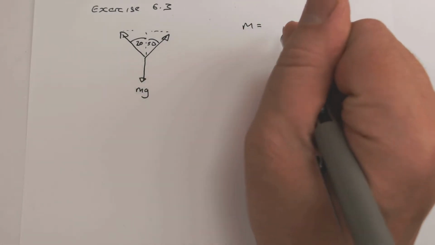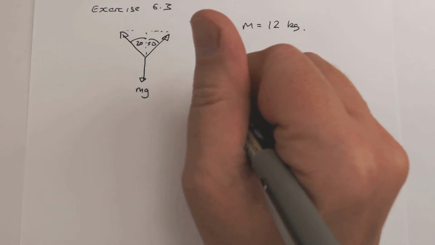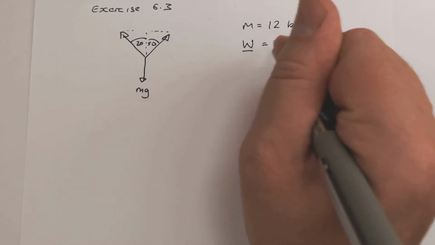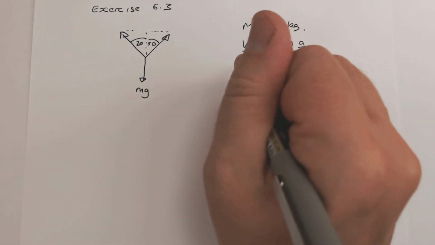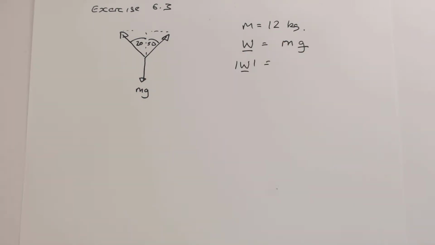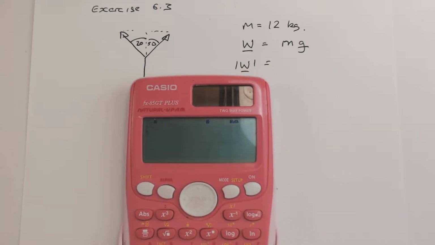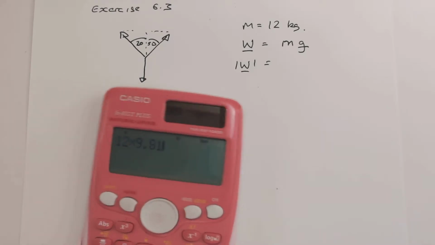M equals 12 kilograms. So the force, we will call this weight force. So weight equals mg, like that. So the weight is going to be 12 times 9.81. So in stress and dynamics, we always take acceleration of gravity to be 9.81, unless we're making a crude approximation somehow.